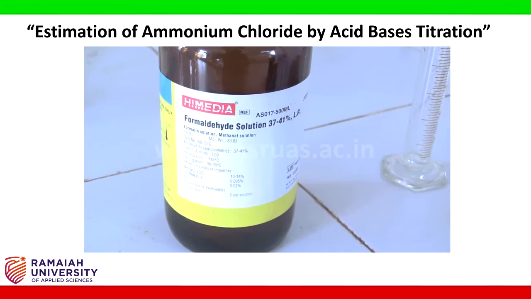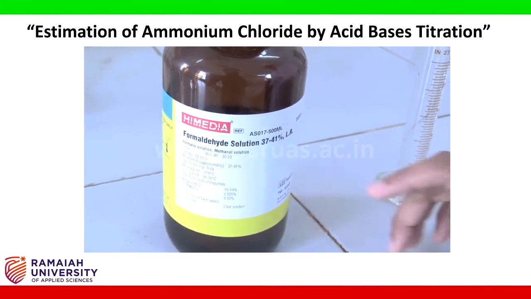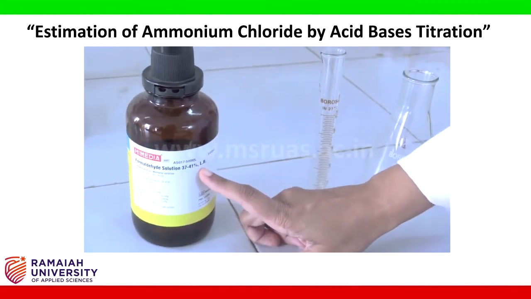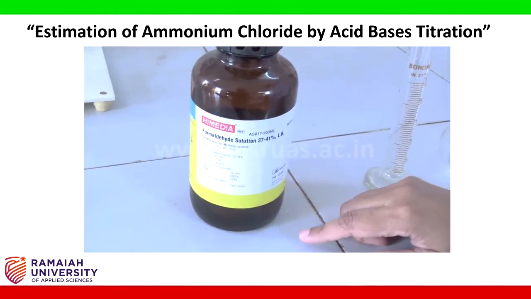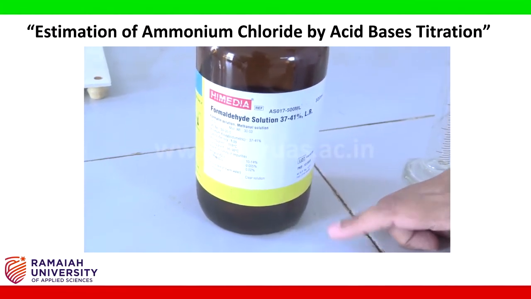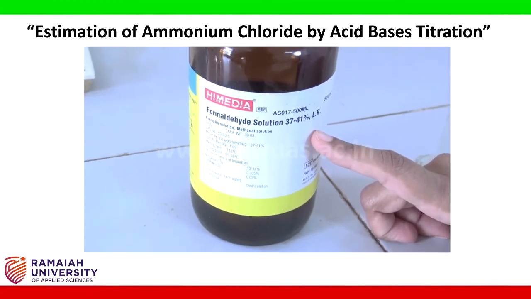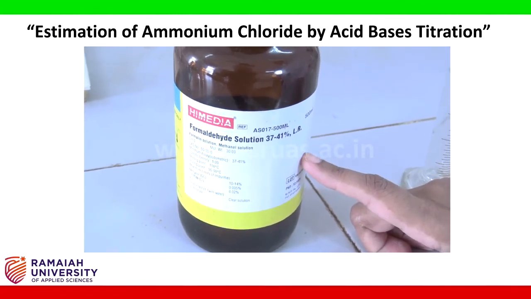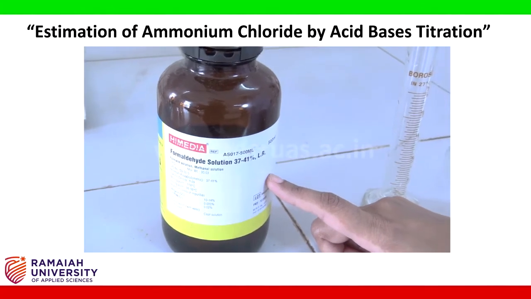After dissolving ammonium chloride in 20 ml of distilled water, in another conical flask, take a mixture of 5 ml of neutralized formaldehyde solution and 20 ml of distilled water. The formaldehyde solution used must be neutralized before it is added because it may contain some amount of formic acid which might be formed due to atmospheric oxidation.